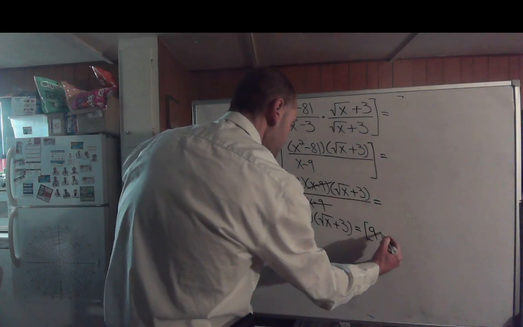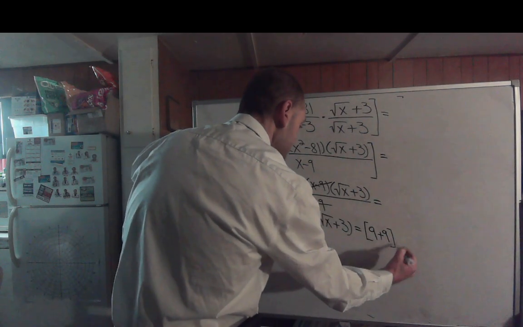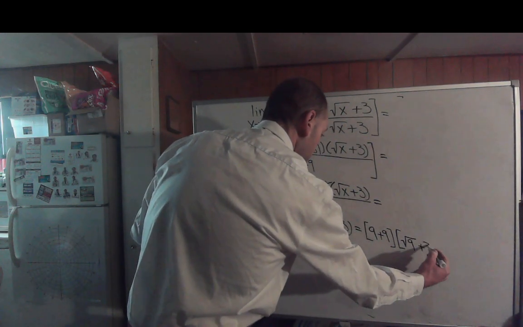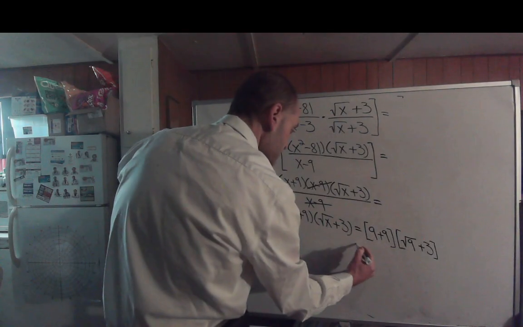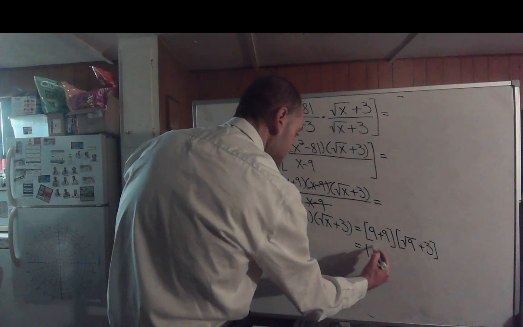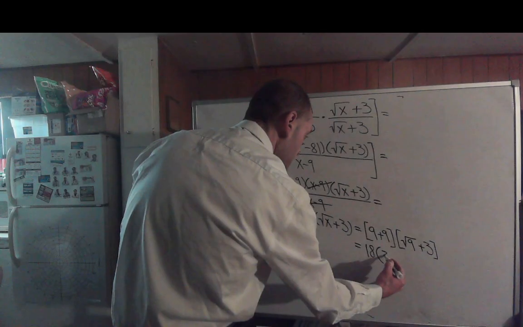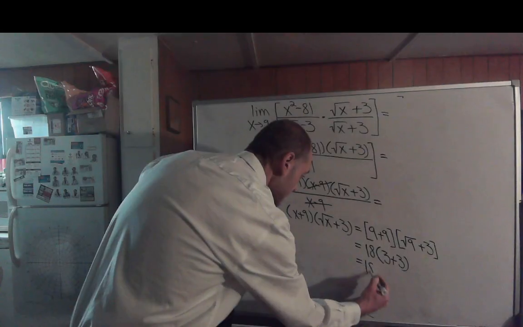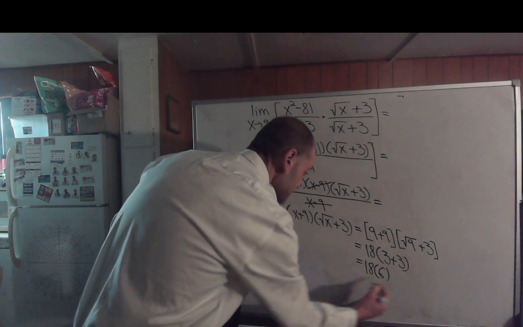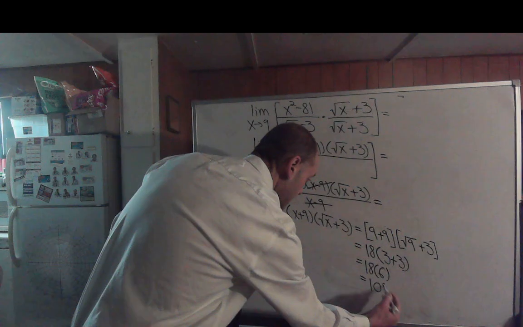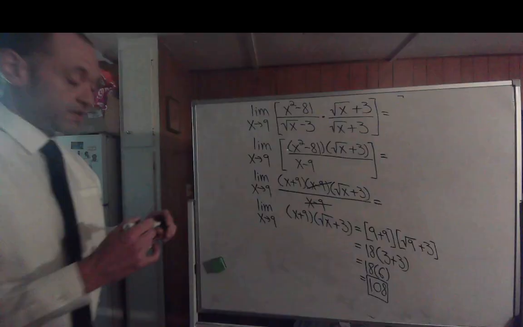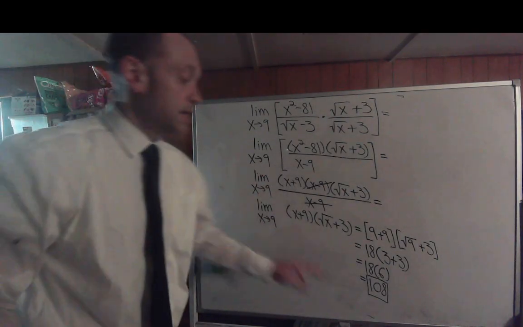You would get 9 plus 9 quantity times the square root of 9 plus 3. So that's going to give you then 18 times 3 plus 3, which would equal 18 times 6, which is going to be 108. So the limit of this function is actually going to be 108.